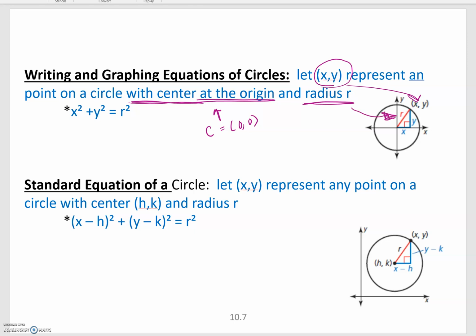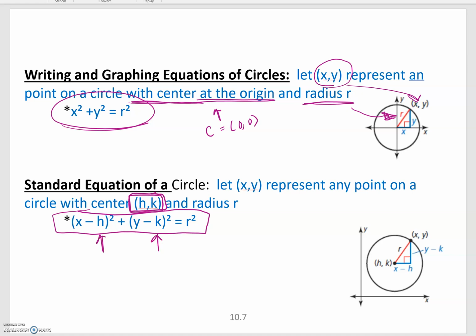If we have a circle where our center is (0, 0), this is the equation we're going to use. x and y represent any point that is on the circle. r is our radius. We don't have to worry about the center because the center is (0, 0), so it won't affect the equation. If our center is not (0, 0), then we're going to use our standard equation of a circle. Our standard equation puts the h and k in for our center.